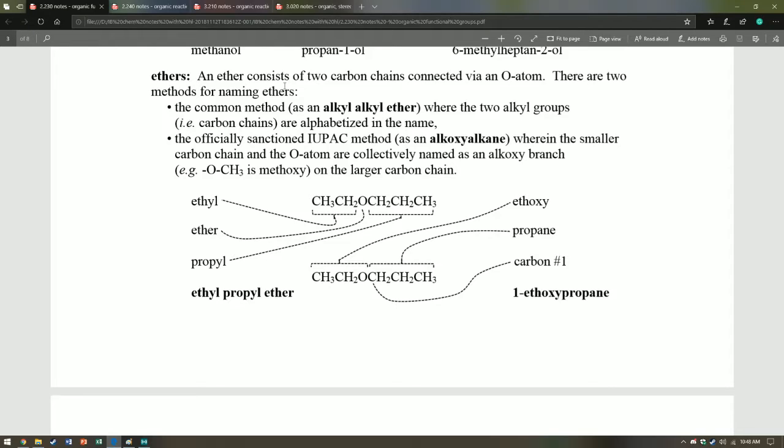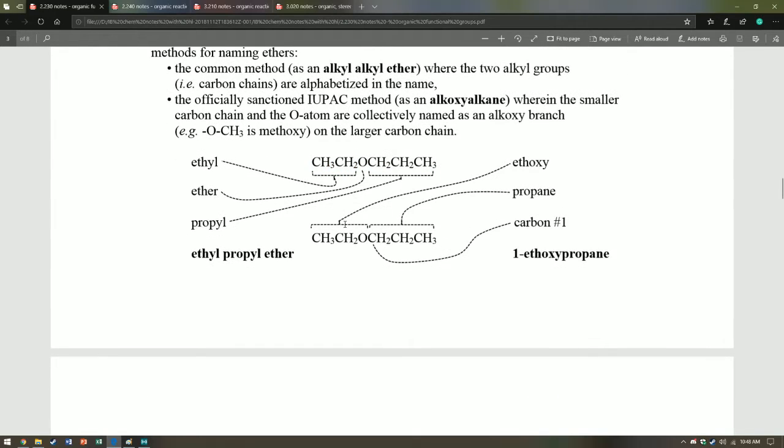And then the officially sanctioned IUPAC method is alkoxyalkane, where the alkoxy branch is the shorter branch. So this would be considered an alkoxy branch, and this is the main branch, and then these are side branches.